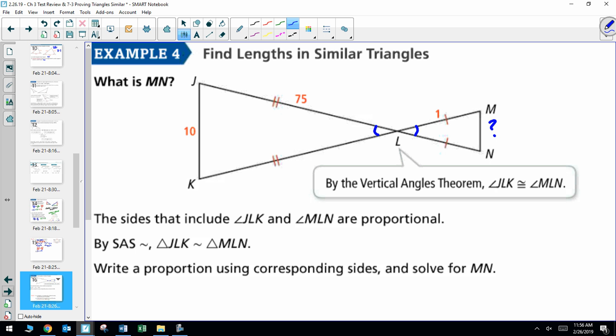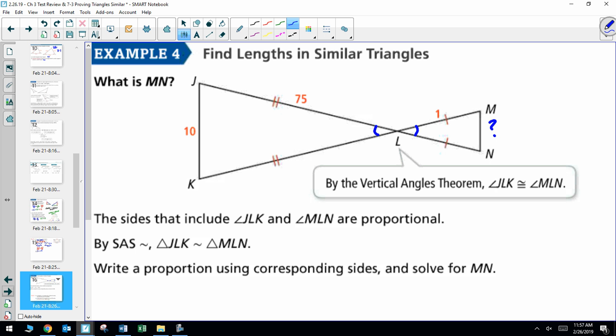With these problems, you don't really know which one you're starting with, and it doesn't really matter. If I say I'm starting with this one and going to this one, I started with a side length of 1 and ended up with a side length of 75. So what did I have to multiply by? 75, right? But if I was going the other way, starting with 75 and ending with 1, it would have been 1/75th as my scale factor.